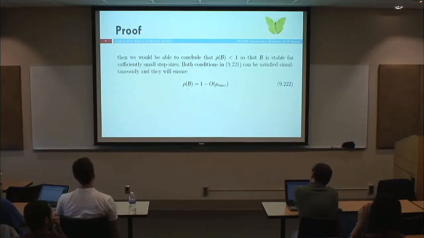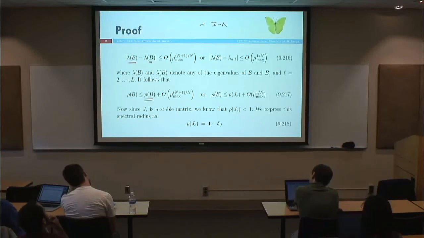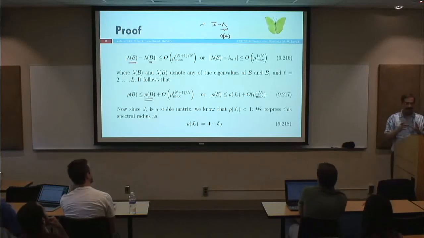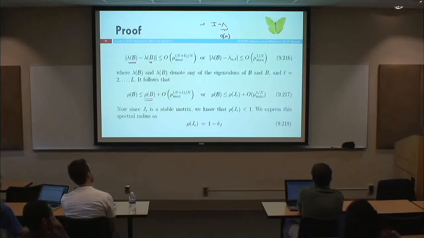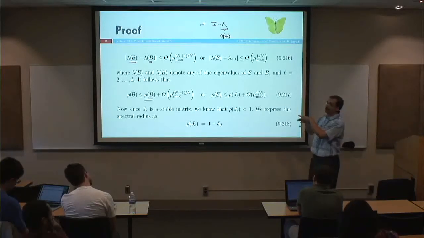Remember this. So that B is similar to I minus lambda, right? And this lambda is of the order of mu, right? So the eigenvalues of this B are very close to 1. Okay? And what are the distances between the eigenvalues of B?